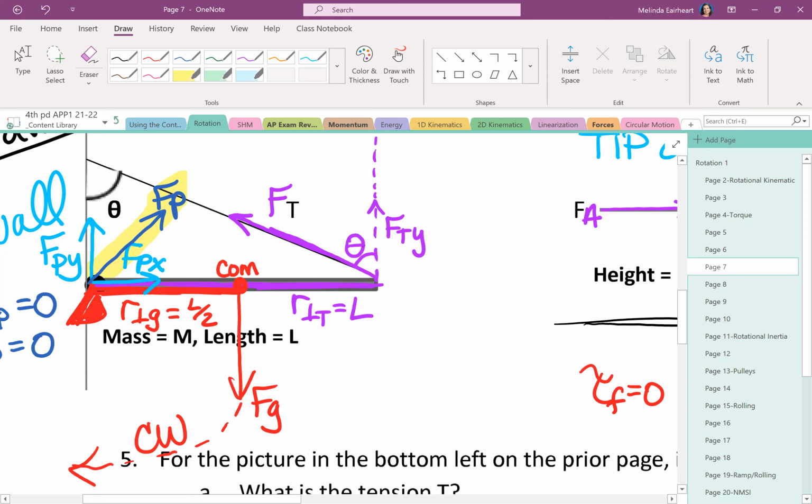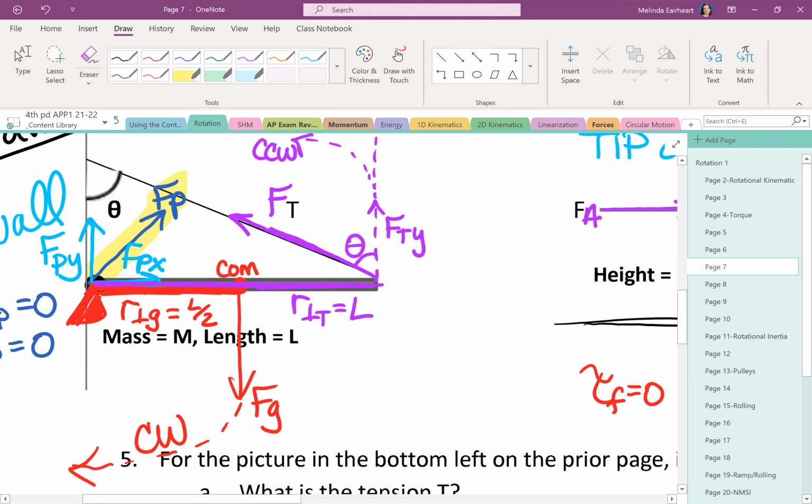The wall is vertical, FTY is in a vertical plane. And so the tension, I don't think bisect is the right word, right? But it connects the two parallel lines. And so alternate interior angle, there's going to be equal to theta. So with that, that vertical component is going to wrap around in the counterclockwise direction.